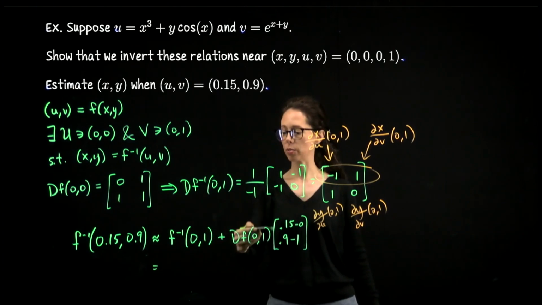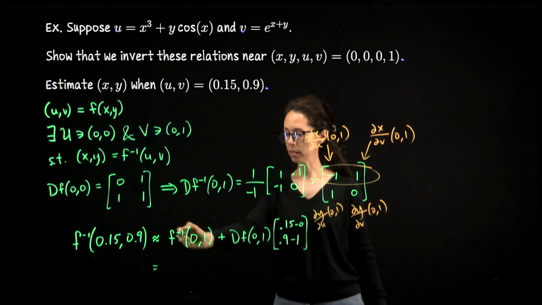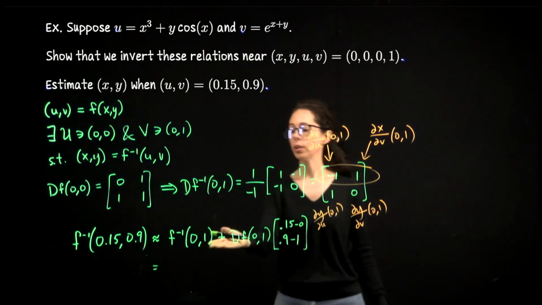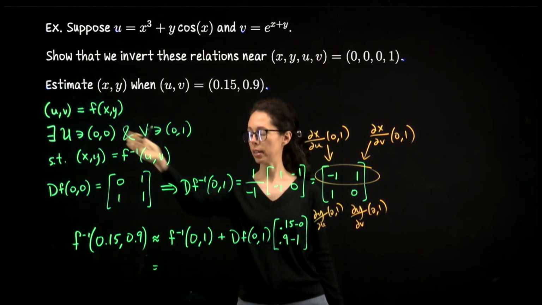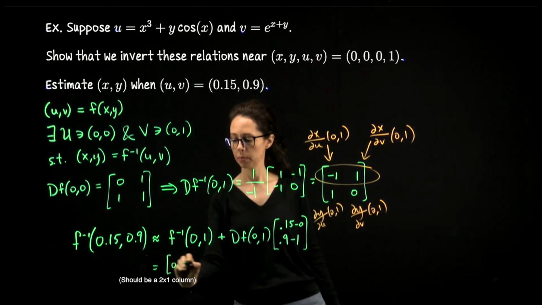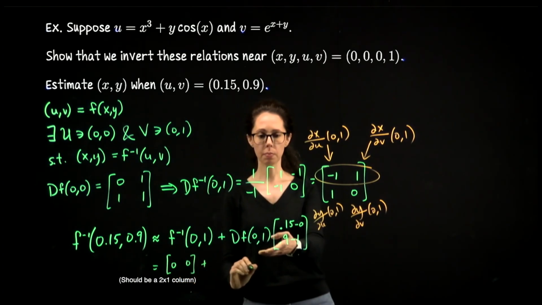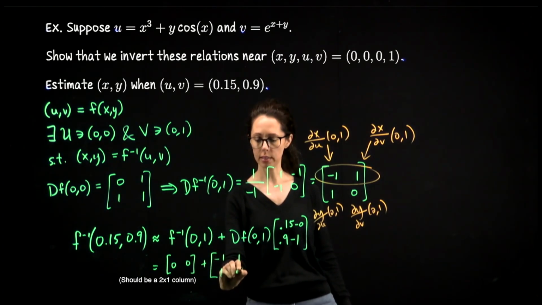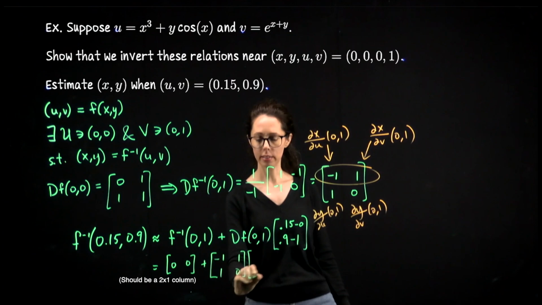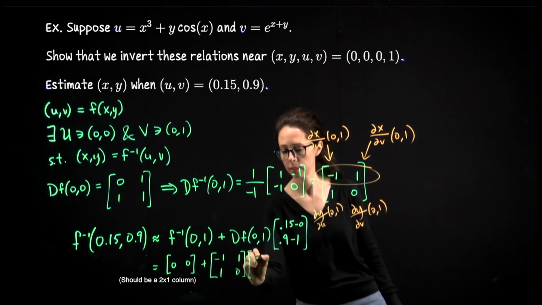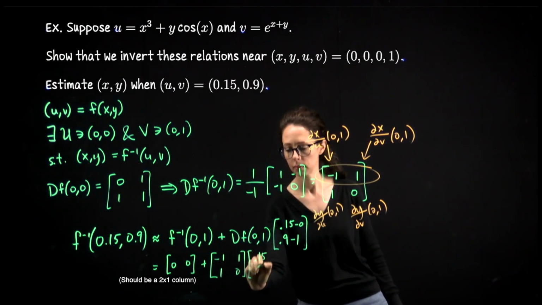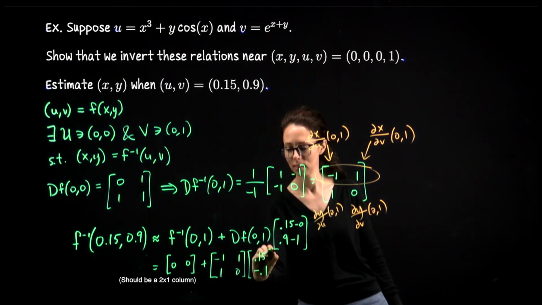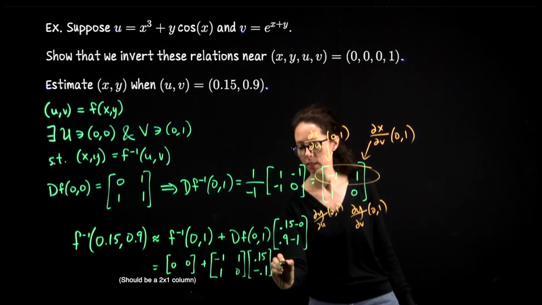When I write equality here, that's referring to what's coming on this line is equal to this. It's all approximating the left-hand side here. F inverse of 0, 1, working in these neighborhoods where we are centered, is 0, 0. And then this matrix we just wrote down is negative 1, 1, 1, 0. And then times the vector 0.15 and negative 0.1. Okay.